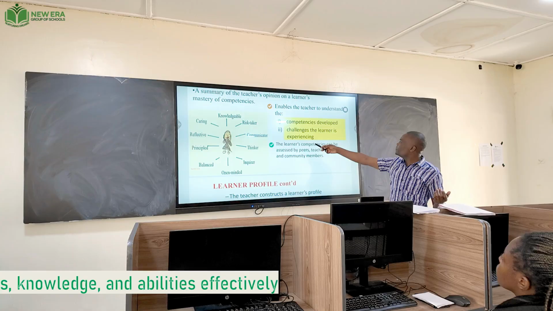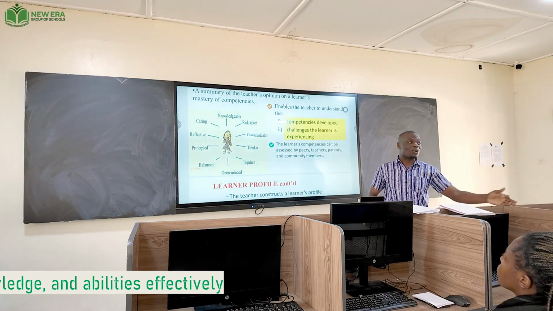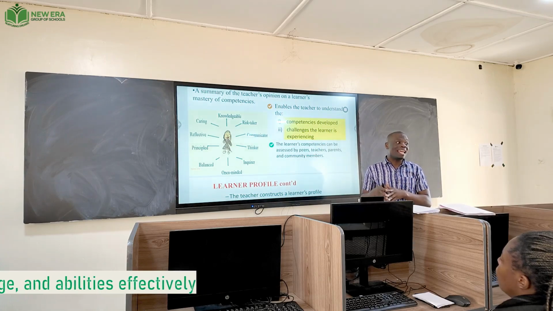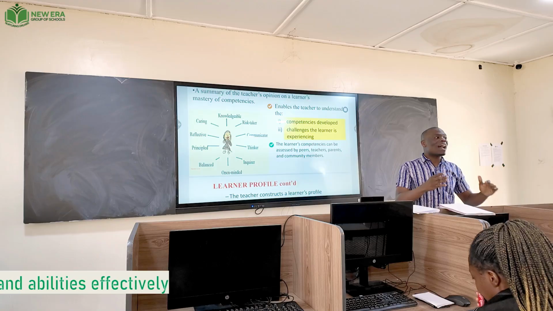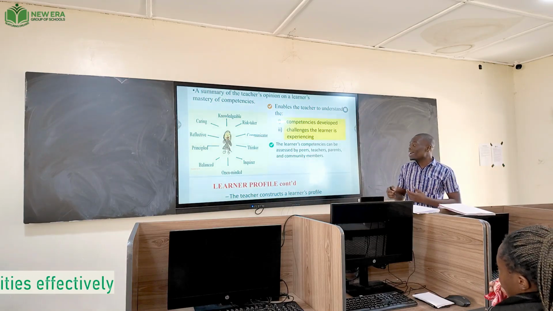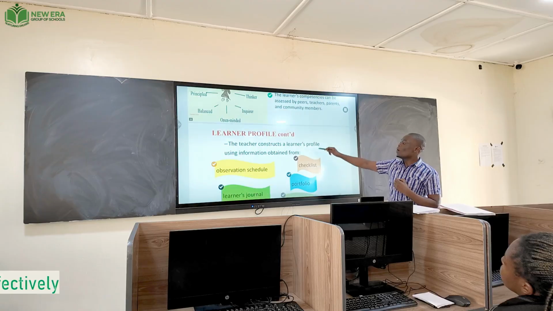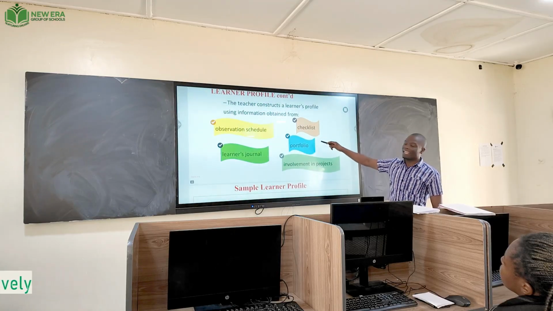Now, you can also write some of the challenges or some of the weaknesses you have observed from the student, because you are giving out a summary picture of how the learner looks like. You will put it in the learner's profile.